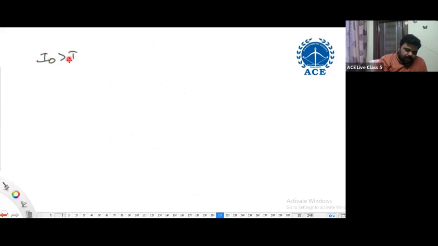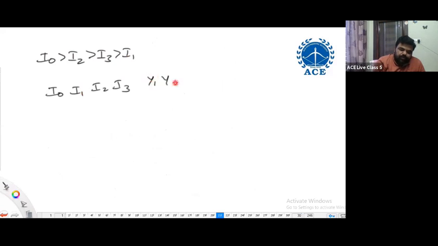I0 greater than I2 greater than I3 greater than I1. Then I0, I1, I2, I3 and outputs Y1, Y0. If I0 is 1, the remaining may be either zeros or ones. It will be 0, 0. Now, if I0 is 0, the next priority is for I2, and these two may be zeros or ones.